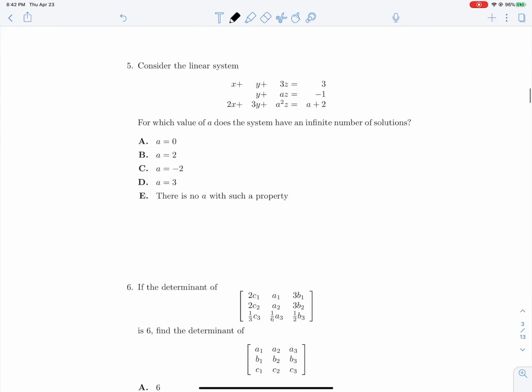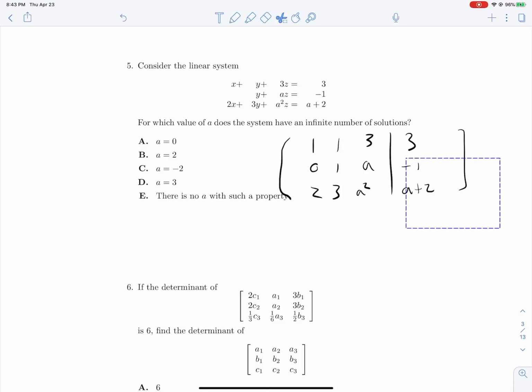So 4 is E. 5, let's consider this linear system. For which value of A does the system have an infinite number of solutions? So we're looking to set this up and find a free variable. So 1, 1, 3, 3, 0, 1, A, -1, 2, 3, A squared, A plus 2.